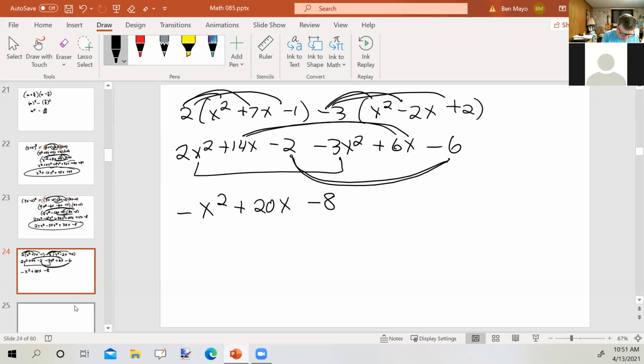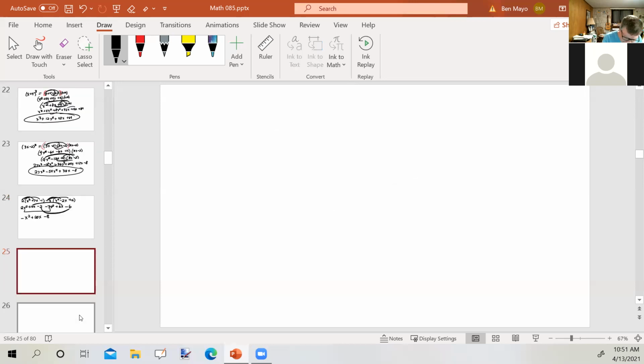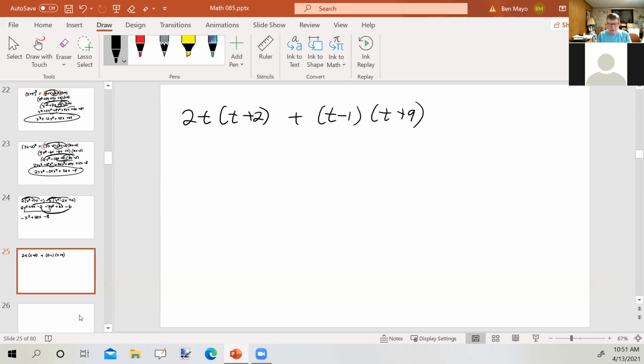All righty. Let's take a look at this example. 2t times t plus 2 plus t minus 1 times t plus 9. So again, order of operations, there's nothing in the parentheses that we can simplify within them.